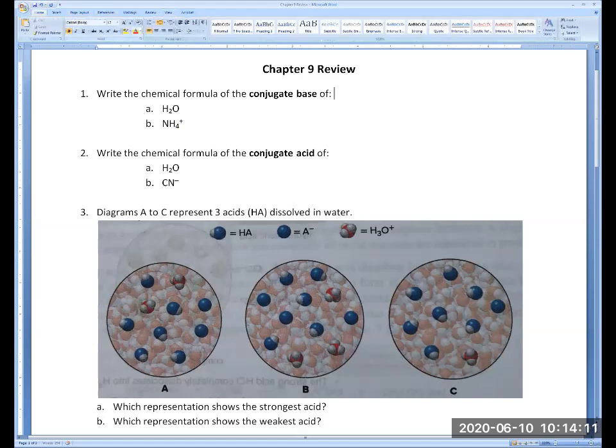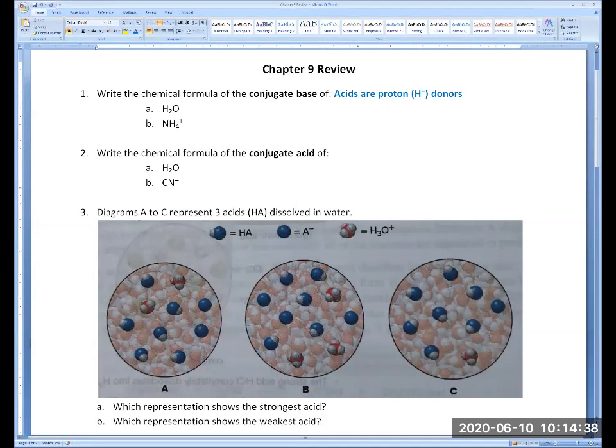So think about it. Do you know what a proton is? Acids are proton donors, and a proton is an H plus. H is hydrogen, and it's the cation H plus.